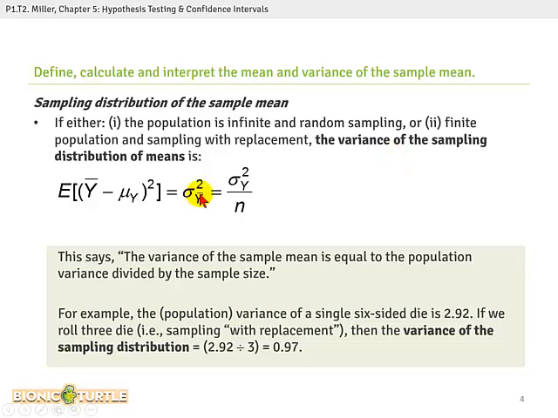And then we see here that the variance of the sampling distribution of means is given here, which is the variance of the population divided by n. So you'll notice this value, or this estimate, will decrease, tend towards 0 in fact, as n increases. It can be counterintuitive.